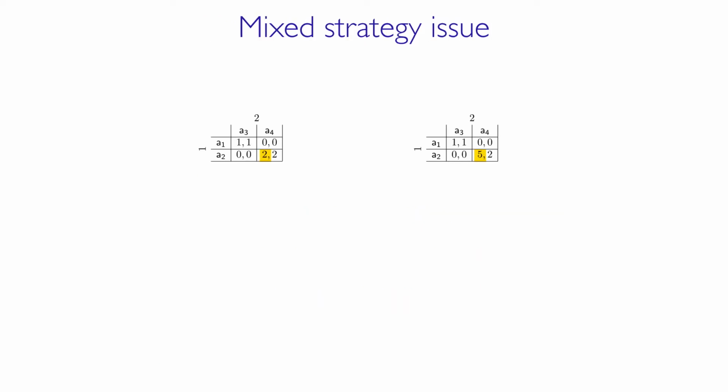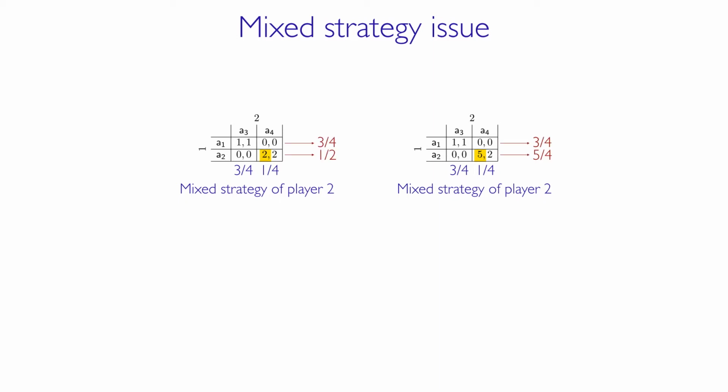We now consider the case with mixed strategies. Suppose that the mixed strategy of player 2 is the one in the picture, that is 3/4 over action A3 and 1/4 over action A4. The expected utilities of player 1, provided by taking actions A1 and A2, are those reported in the picture.